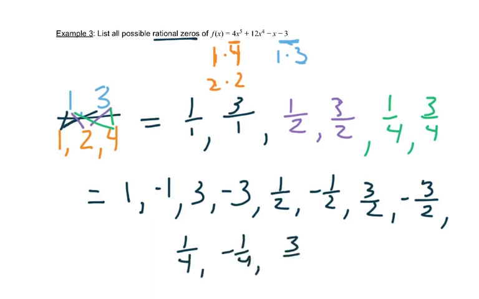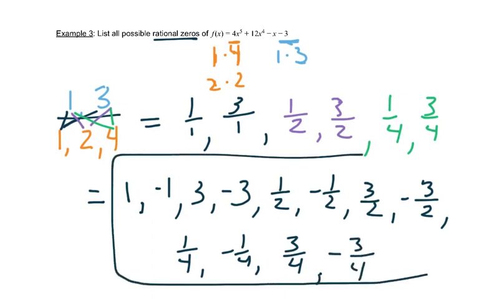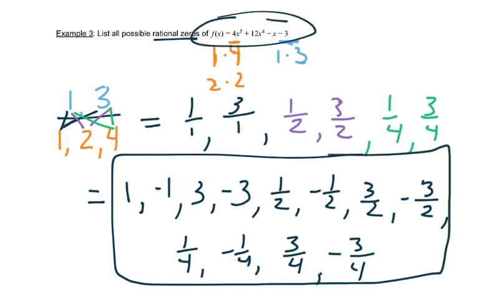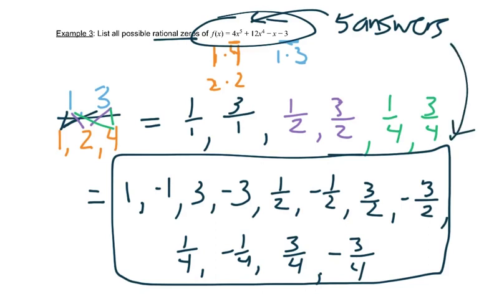And then 3 over 4, again, also doesn't simplify. So we just have positive and negative. So this is our list of possible rational answers to this original problem. Remember that degree of 5 tells you that there are 5 answers, and this is our list of possibilities.